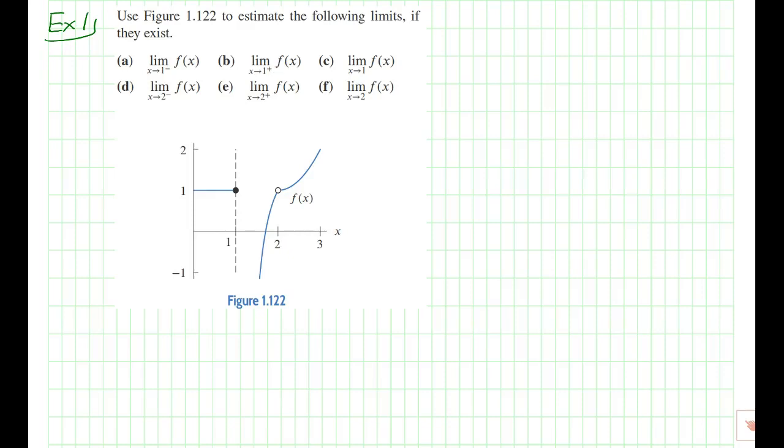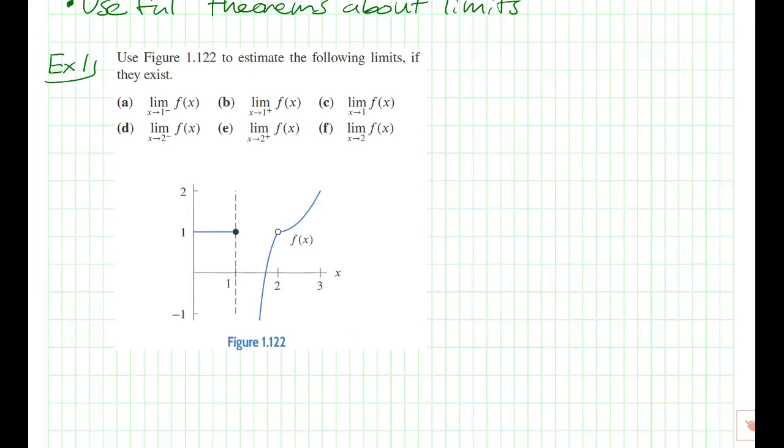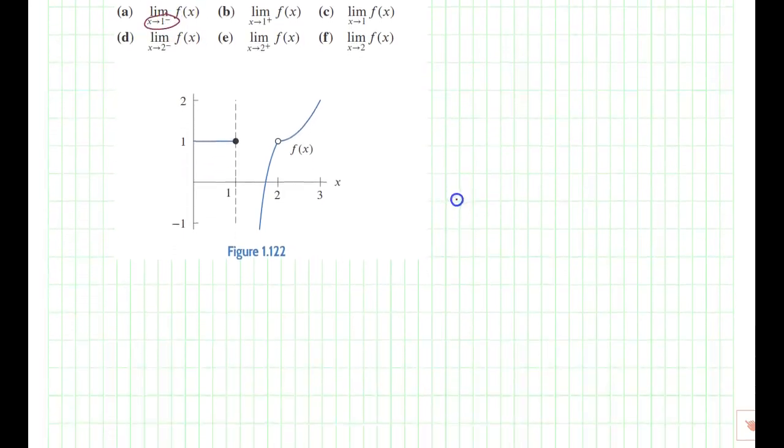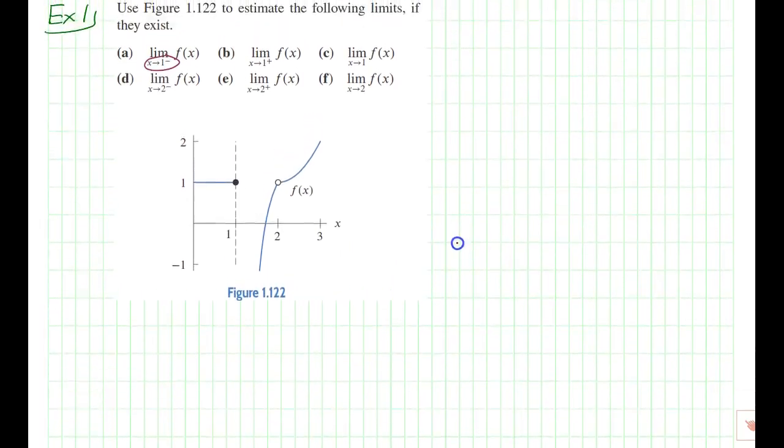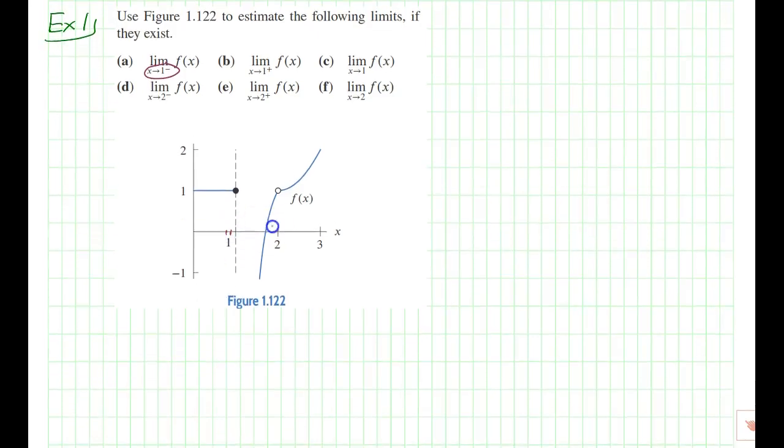So let's look at part A, where we have the limit as x approaches 1 from the left. Here is what that means. That means plugging in values of x like 0.8 or 0.9 or getting really close to 1, like 0.99.